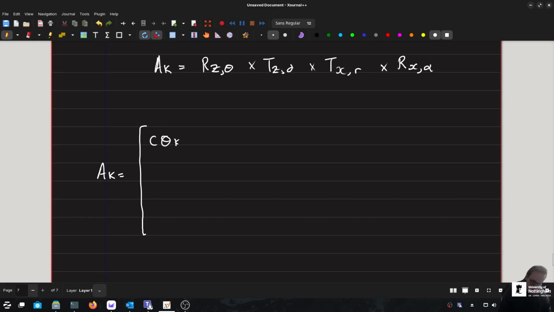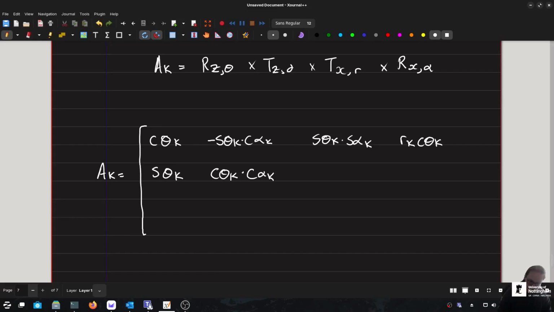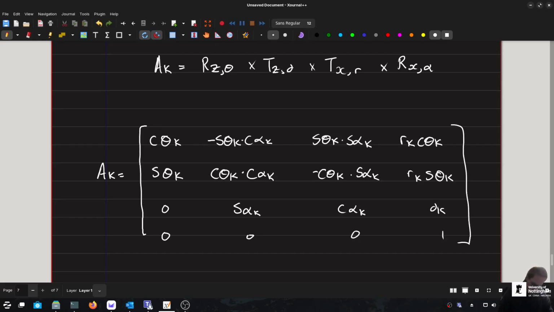So it becomes C theta K, minus S theta K C alpha K, S theta K S alpha K, RK cos theta K. Then you've got S theta K, C theta K C alpha K, minus C theta K S alpha K, RK S theta K. Then there's 0, S alpha K, C alpha K, DK, and then on the bottom 0, 0, 0, 1. And that's the DH matrix.